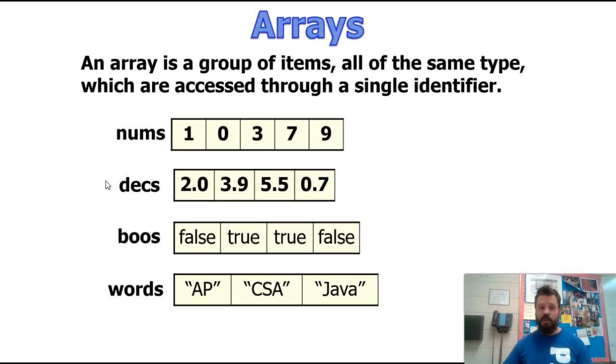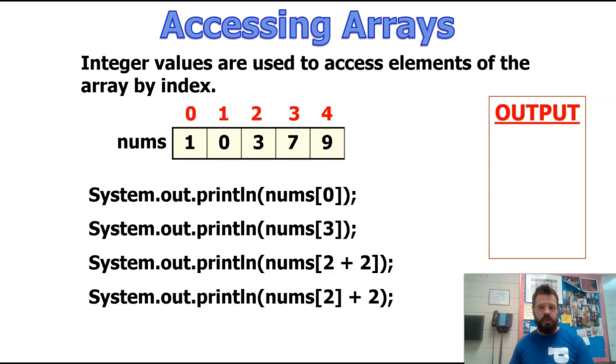Or I can do the same thing with doubles or Boolean values or strings or any other type of object I want to store. So arrays work as a very simple way to organize, store, and then access data for our programs.